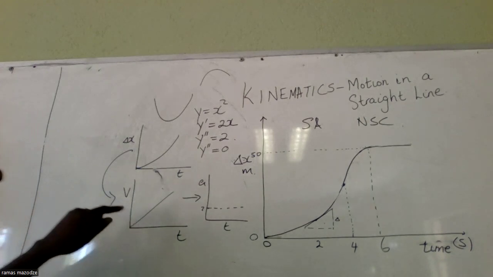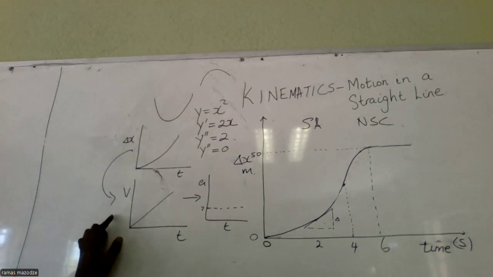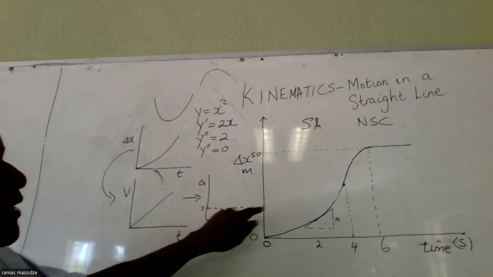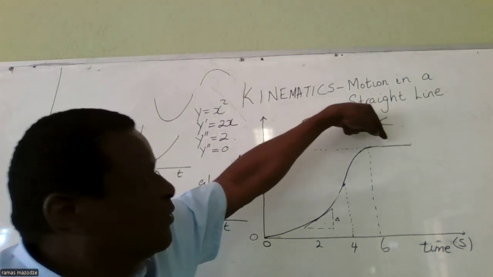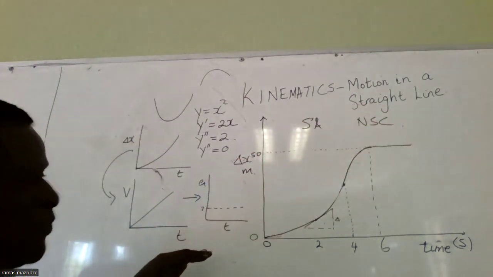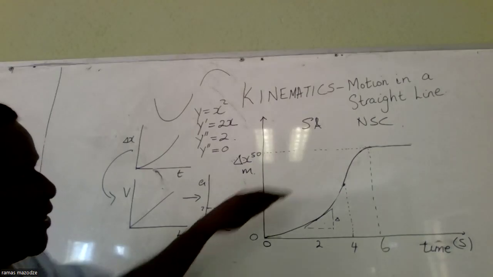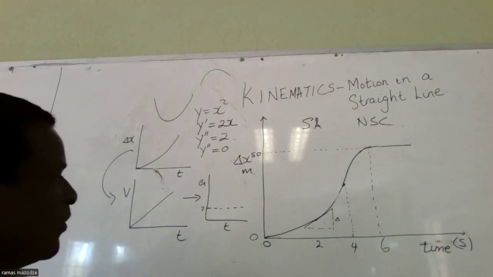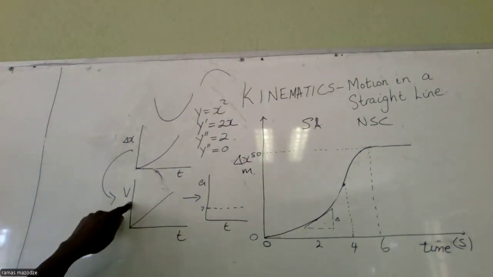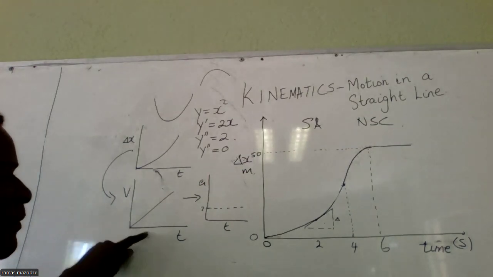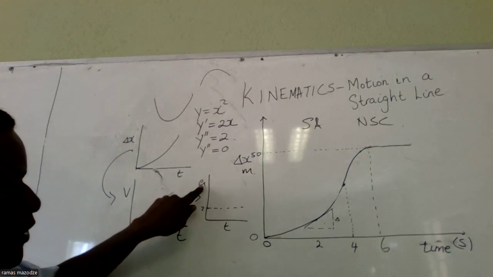What I want to say is sometimes your displacement time graph is a straight line, or it can be curved like in this case. If you differentiate the straight line, you get 0. So, let's assume that the velocity time graph is your displacement time graph; then the acceleration time graph will be your velocity time graph.